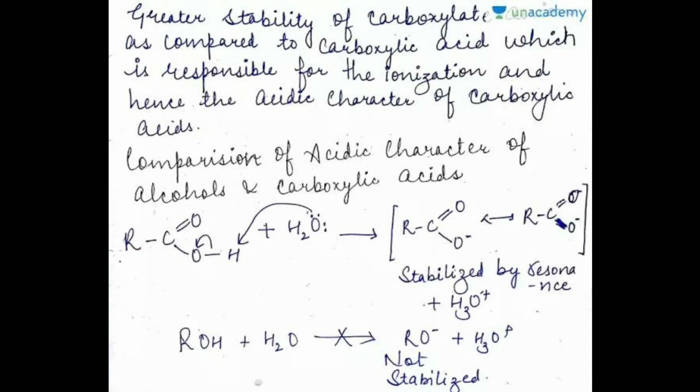The carboxylate ion is resonance stabilized by two equivalent resonance structures, and both of them are equivalent to each other. This gives good resonance stabilization to the carboxylate ion, which in turn gives acidic character to carboxylic acid.